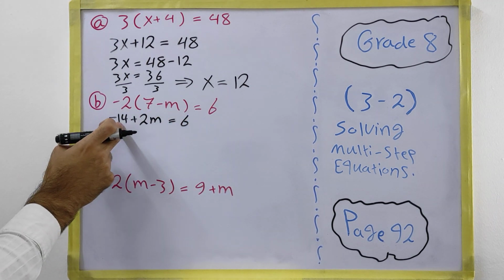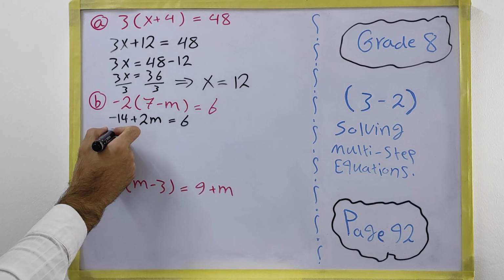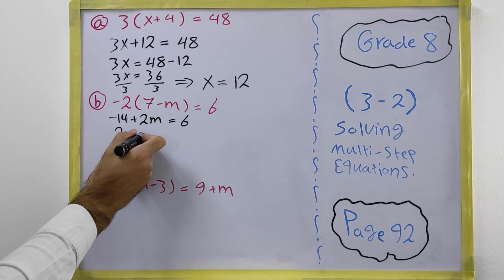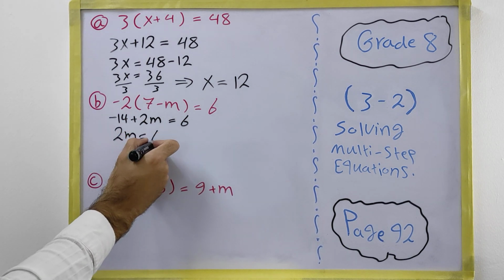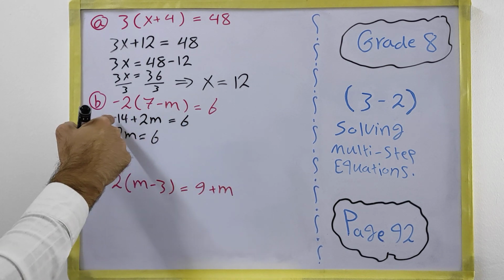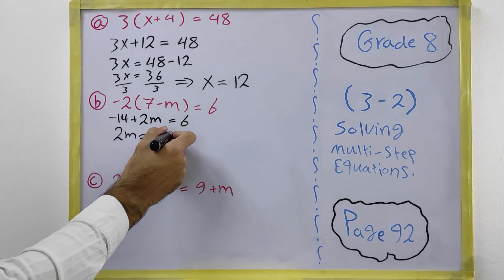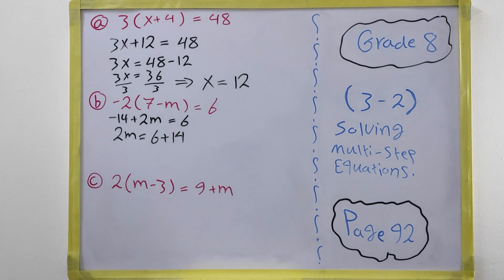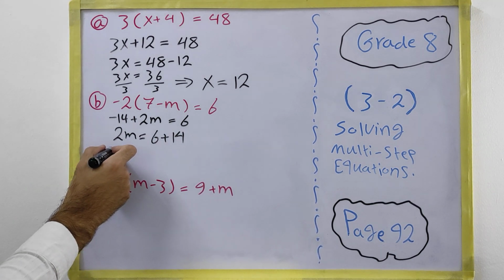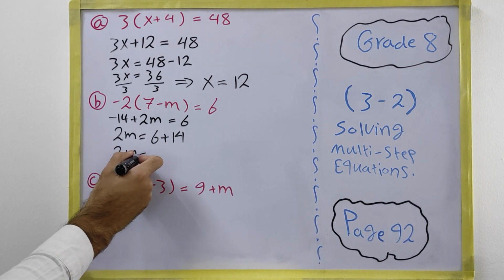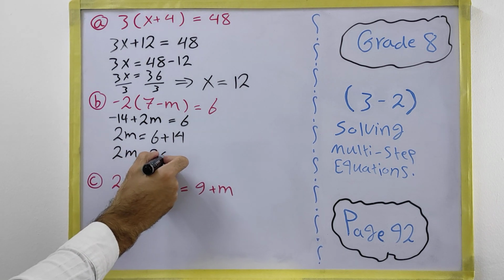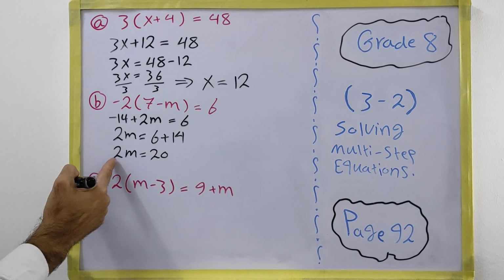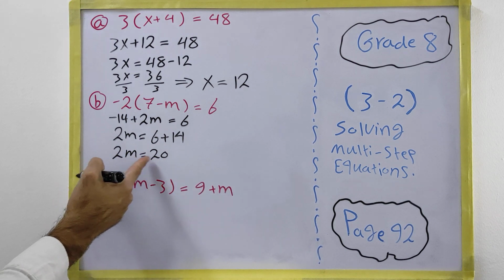After the equal we have 6, and we bring the 14 over as positive: 2m equals 6 plus 14, so 2m equals 20.